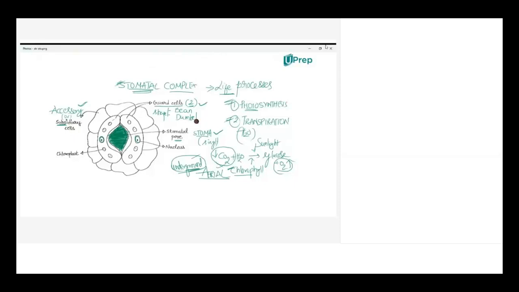And they will give a list of cells or a list of some components. Suppose here, assume that in option 1 they have given stoma. In option 2, they may give the guard cell. In option 3, they may give subsidiary cell.